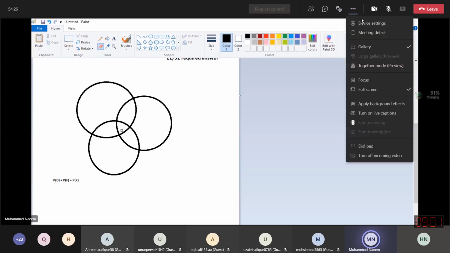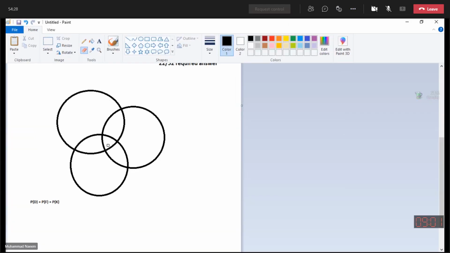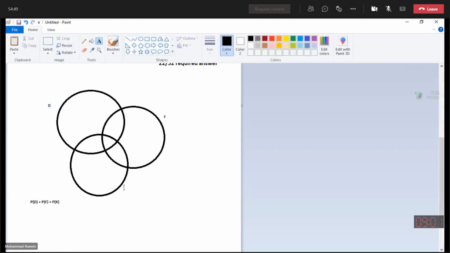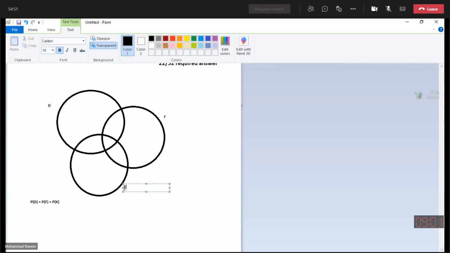So everywhere there should be exactly one layer. This is our target now. So let's say this is our set D. This one is our set of face cards, and this is our set K.